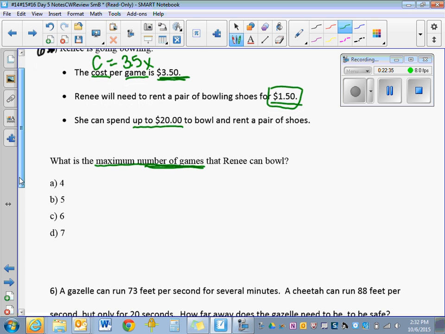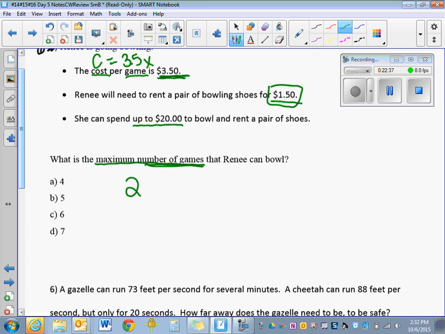Alright, so she has a total of $20 that she can spend. She can't go higher than that. I can tell you right now, it's not C or D. Okay, so we know it's going to be $1.50 initially to have shoes, right? I'm just going to do 1.5. You can do 1.50, it's the same thing.